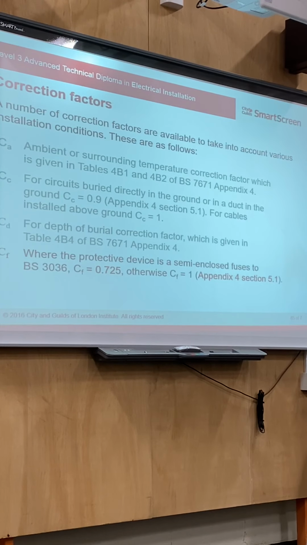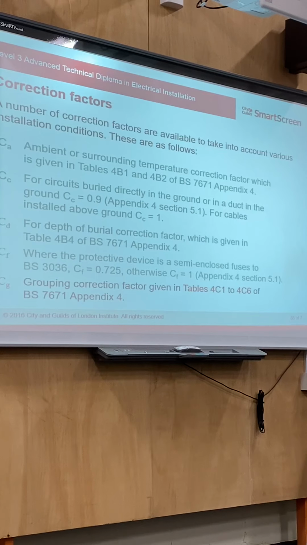It's very doubtful because most of them don't actually meet the requirements for most of the regulations nowadays. So the likelihood of you ever having to use CF anymore is unlikely. So what factor would you be using instead for it? 1. So if you multiply anything by 1, does it matter? No. So you can actually ignore these factors.